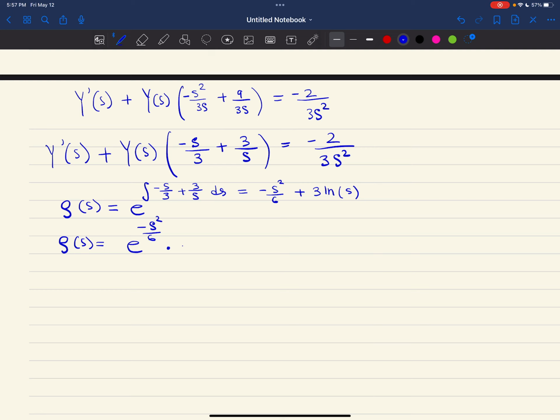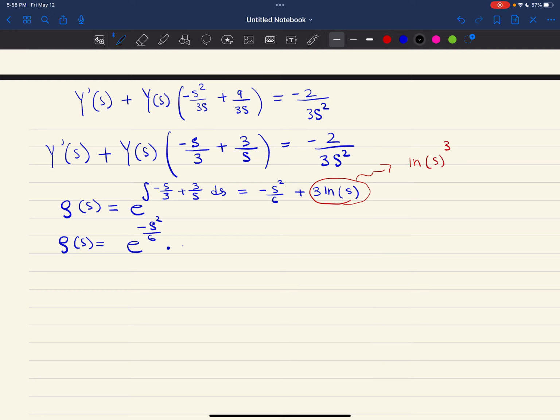Yeah, times, so you could rewrite this ln portion as ln of s to the power of 3, right?